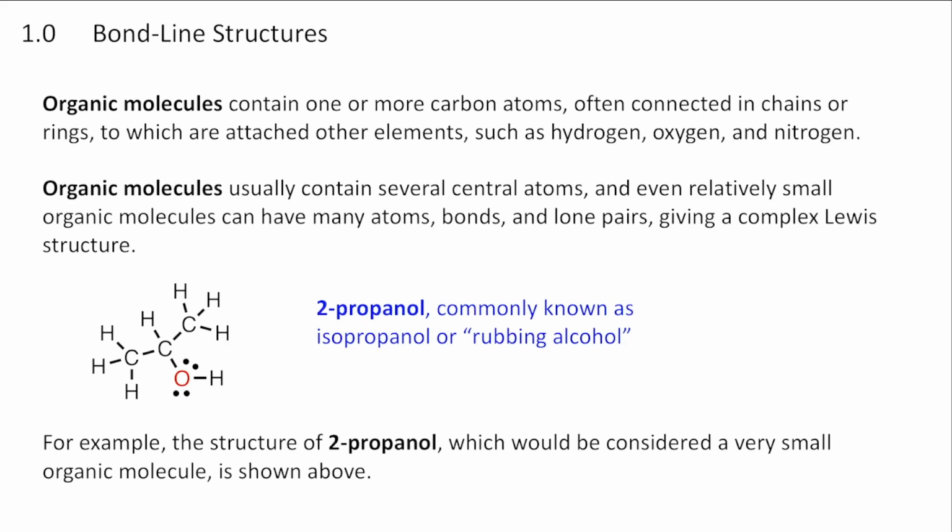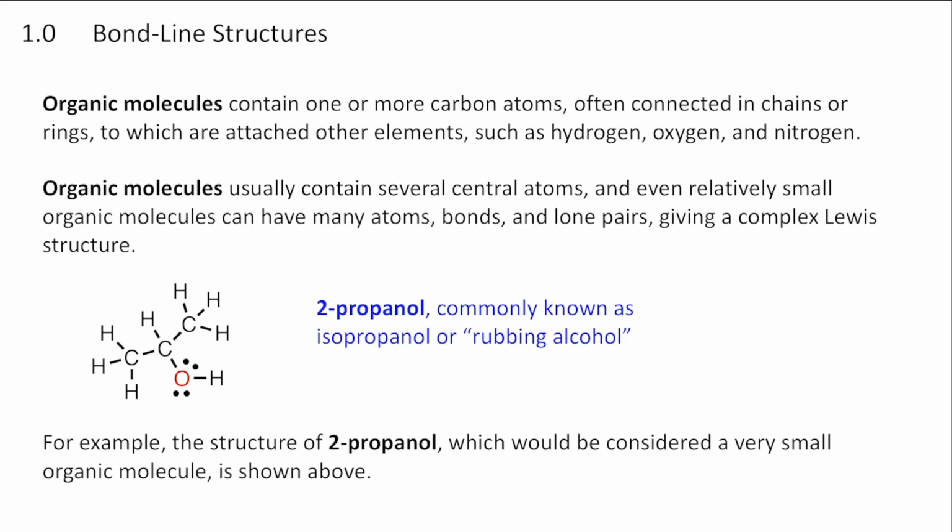One thing that makes organic molecules a bit of a jump from the molecules you normally deal with in first year is the fact that organic molecules often contain several central atoms. And even small organic molecules can have many atoms, many bonds, many lone pairs, and fairly complex Lewis structures.